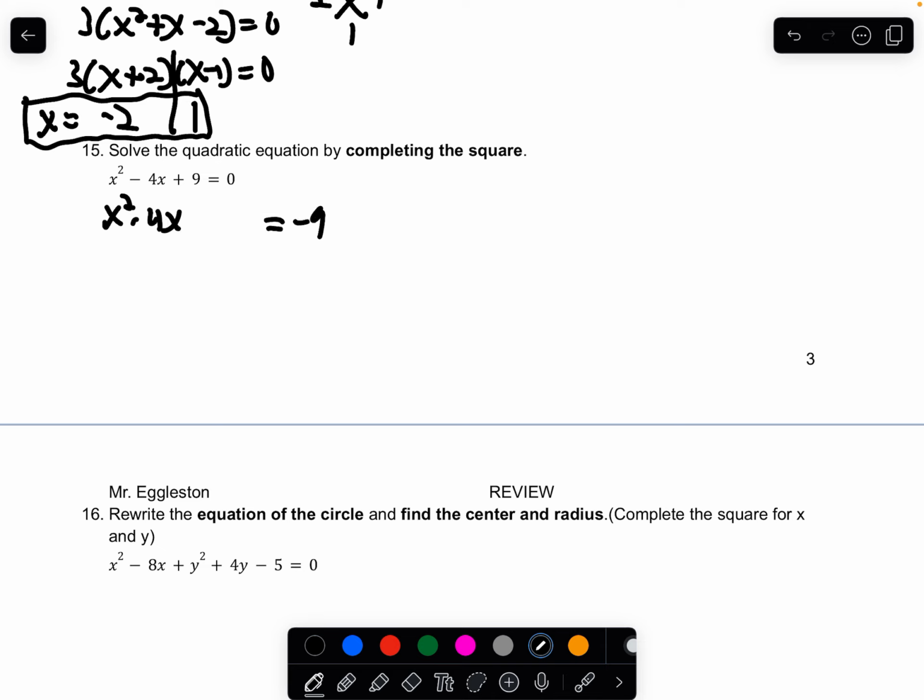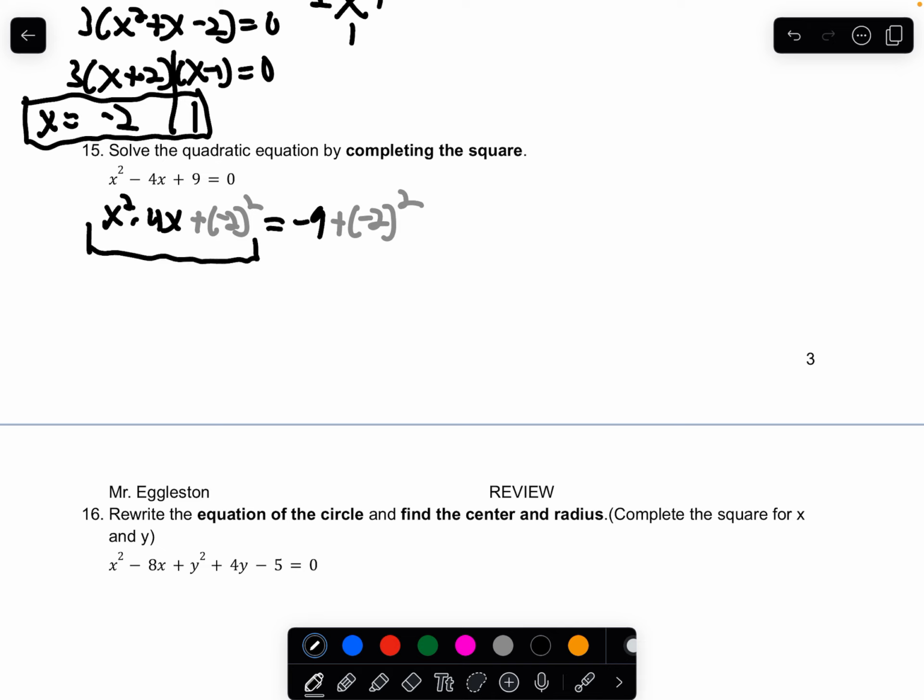Now, here's what the procedure is. You take half of whatever number is sitting in front of that x, the linear term. What's half of -4? That's -2. We're going to square it and add to both sides. Make sure you add to both sides. Now, you don't even have to think about the left.